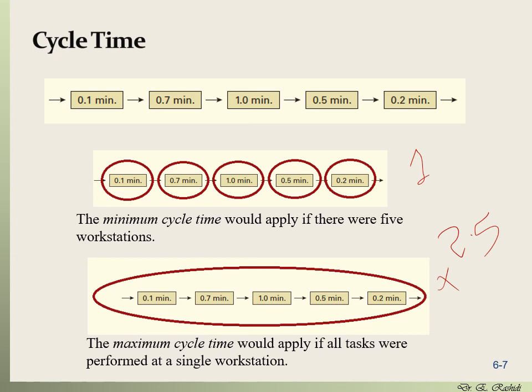But ultimately, the cycle time would be between the minimum and the maximum. So the cycle time for any design would be bounded: greater than or equal to the maximum single task time, and less than or equal to the total processing time, depending on which design you actually have.